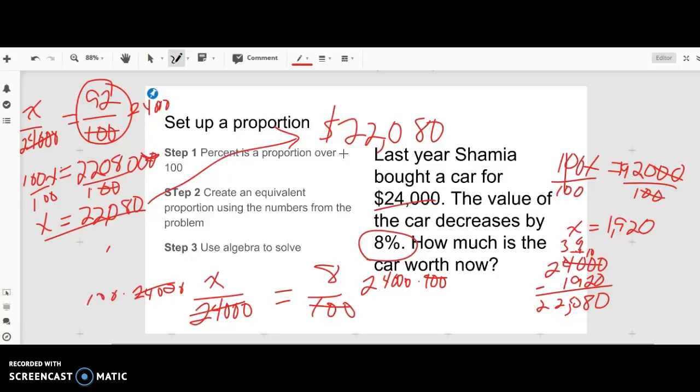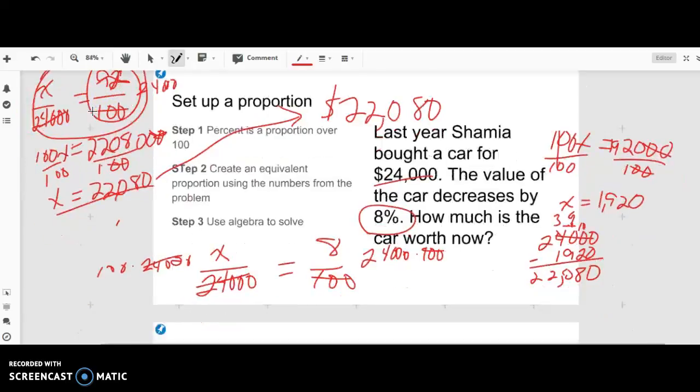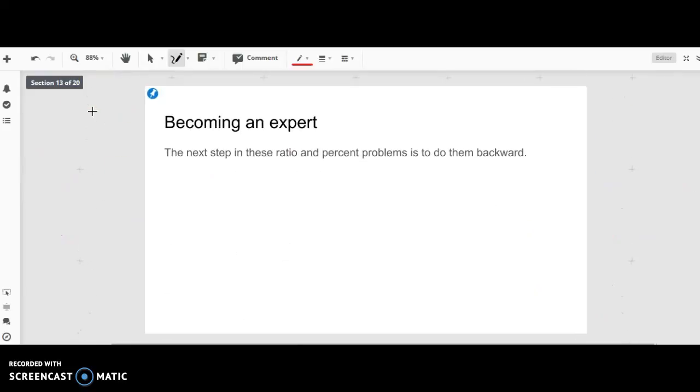So you should be able to figure that one out. You could either take this and you'd have 22,080 over 24,000, and then you'd have the x over here and solve for it. We will try some of those problems in a little bit.